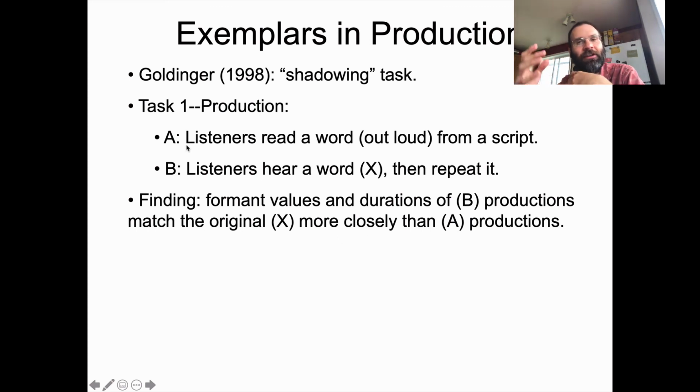In the A condition, you kind of expect a general, abstract, canonical version of the word. In the B condition, you don't get those canonical abstract versions so much, because these B productions are drawn almost magnetically towards the X productions that they heard as the source of their repetitions in this experiment.